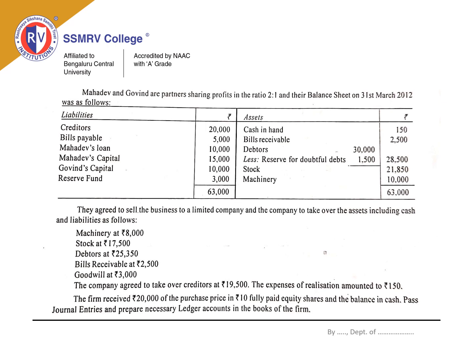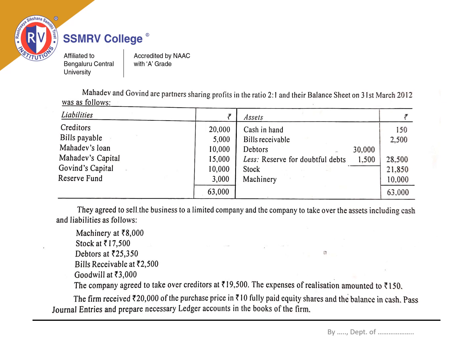They agreed to sell the business to a limited company and the company to take over the assets including cash and liabilities as follows. Machinery at 8,000, stock at 17,500, debtors at 25,350, bills receivable at 2,500, goodwill at 3,000.